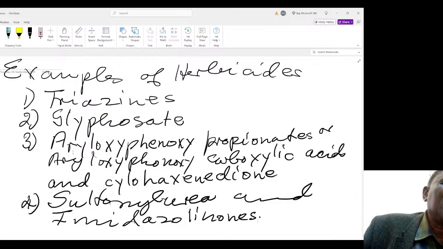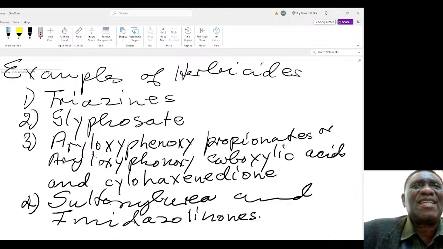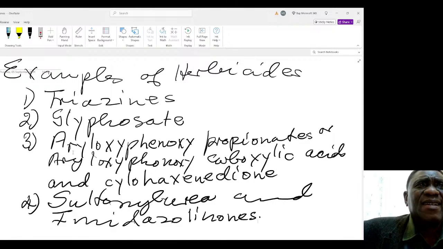Then we have got sulfonylurea and imidazolinones. These depend on enzymes for selectivity.